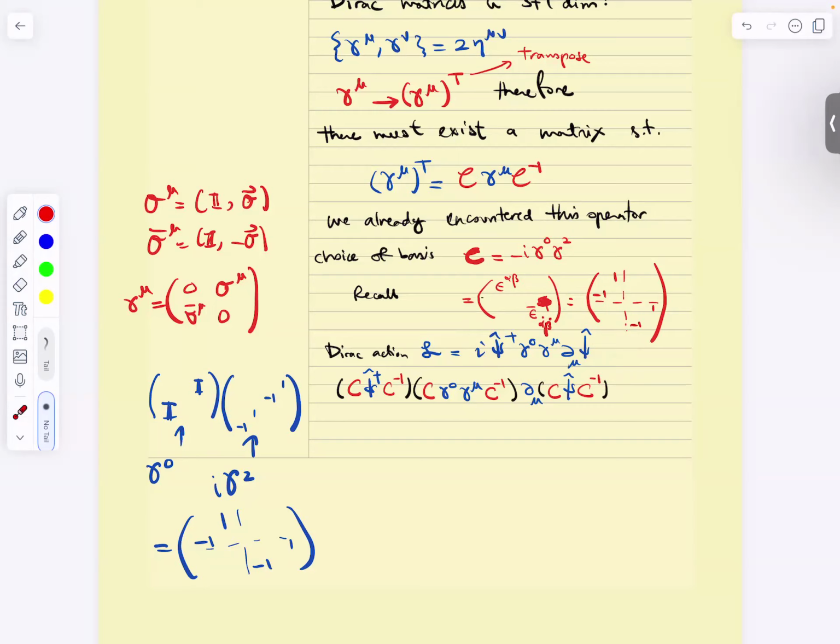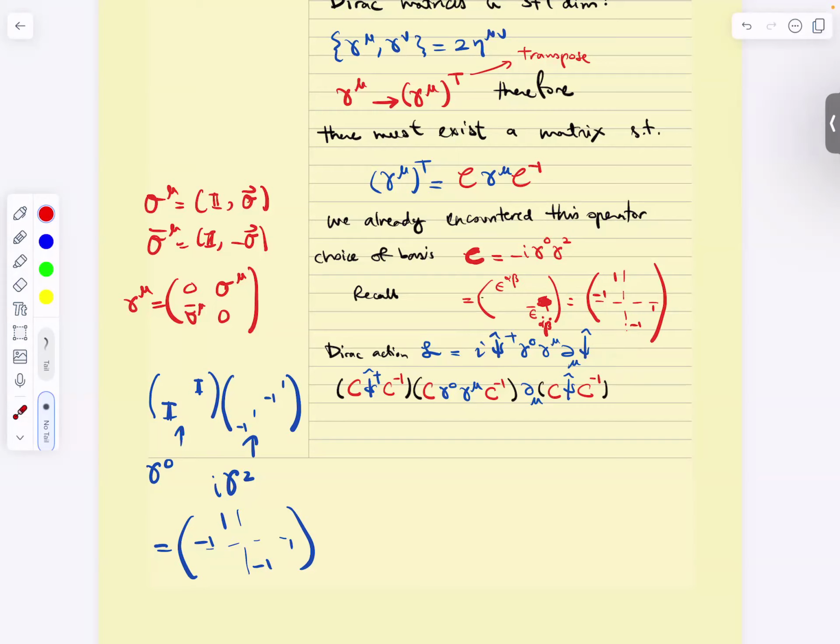Is it invariant or not? What's the answer? Yes. Any other? When would it be invariant?